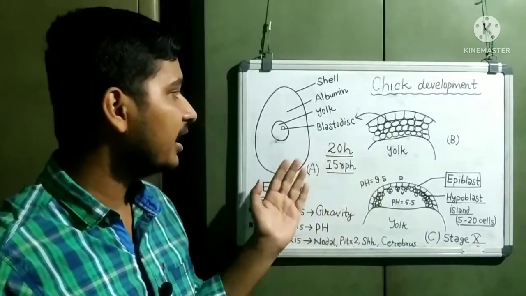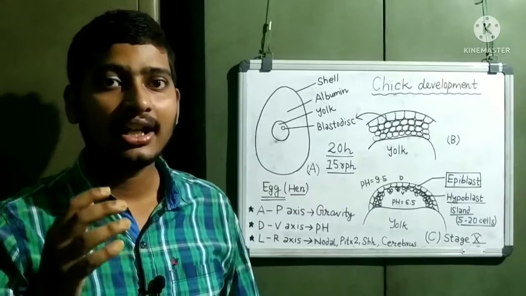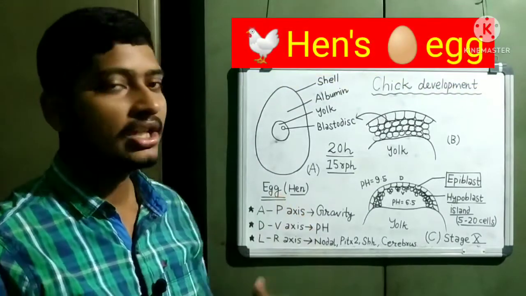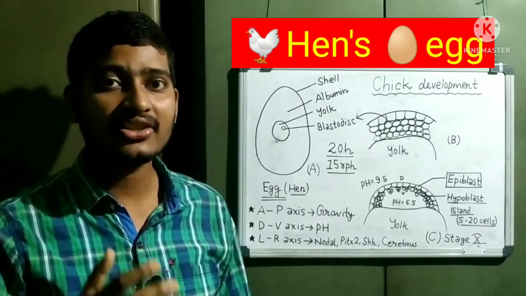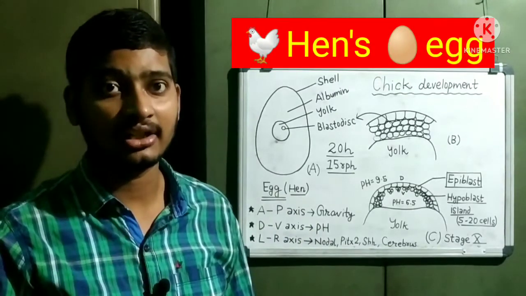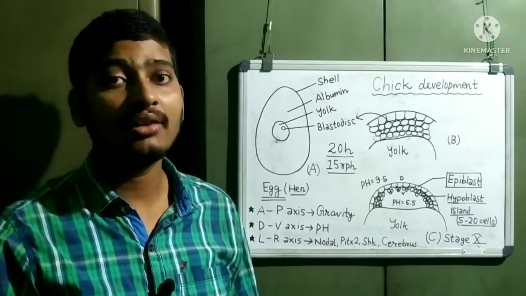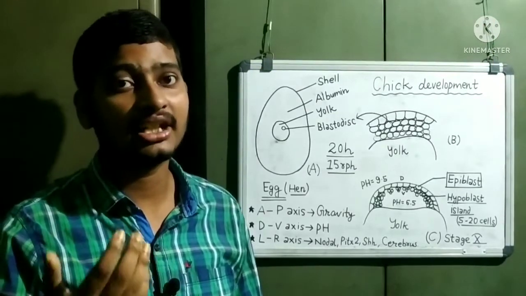As you can see here, I have drawn an egg of a hen. Okay, hen's egg. As we know that hen's egg is megalecithal. It means that there is a large amount of yolk in the egg of the hen.